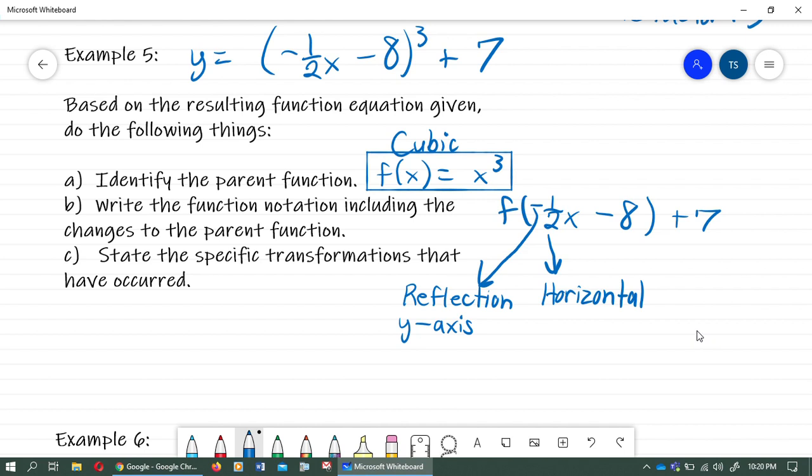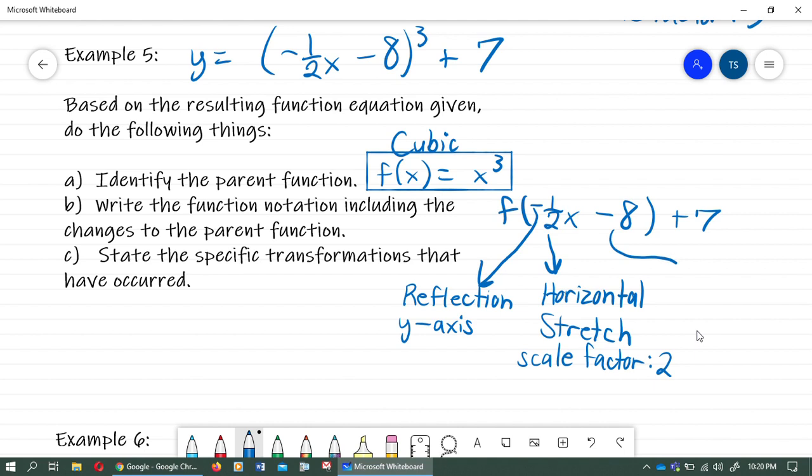Multiplying it by 1/2, you wouldn't expect that to stretch, but as a horizontal transformation, it is going to stretch, and it has a scale factor here. The reciprocal of 1/2 is 2, so the scale factor here is 2.